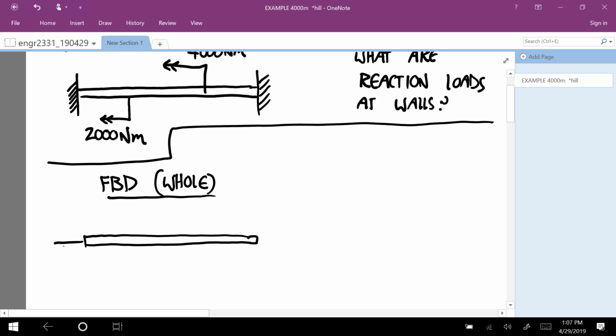I'm just going to choose positive x directions for the torques at the walls. So I'll call this TA, TB, and then this one, and this one.